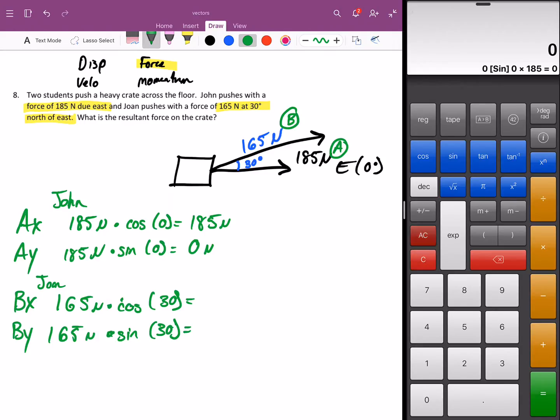Now we're running it through this. 30 degrees cosine times 165, 142.9 newtons. Then 30 degrees sine times 165, 82.5 newtons.